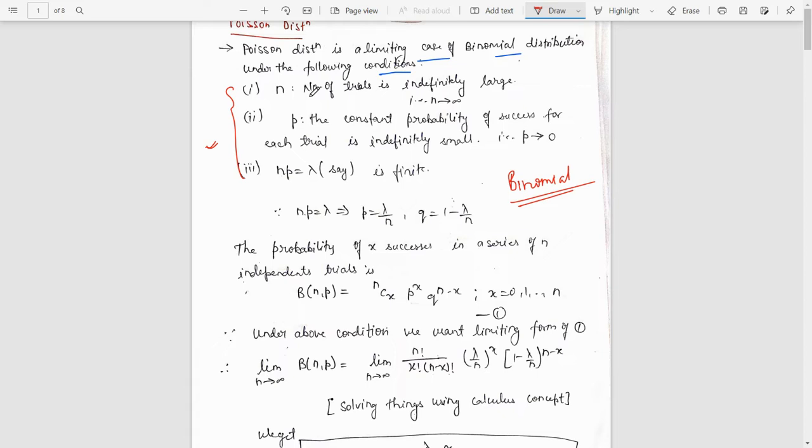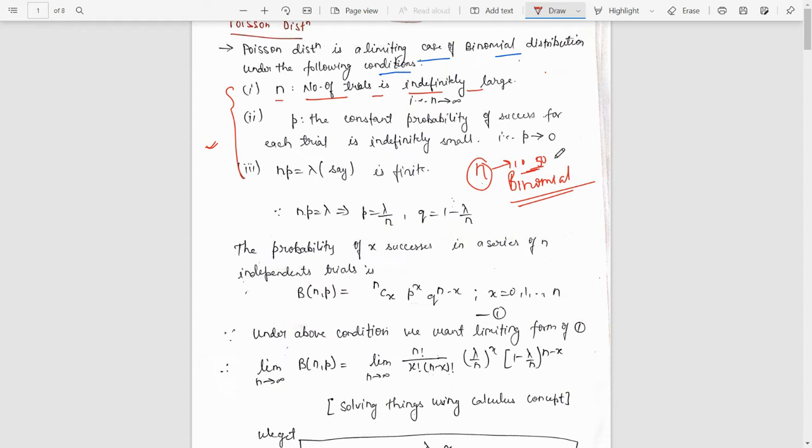So the first condition is that n, the number of trials, is indefinitely large. We saw that in the binomial distribution we had n, which is the number of repetitions. If you're tossing 10 coins or maybe 50 dice, that is something we can term finite.